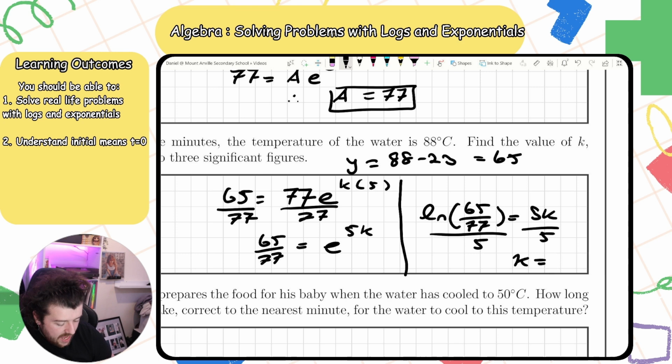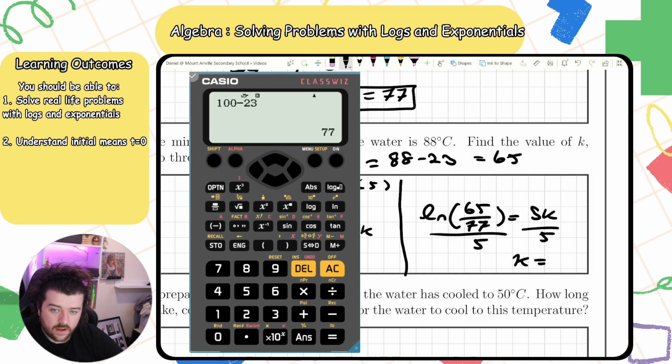I get k is equal to, put all of that into your calculator. So ln 65 over 77 all over 5 is equal to k.